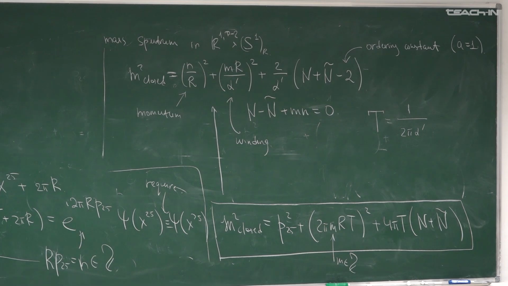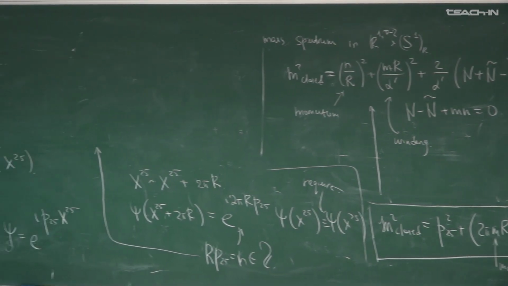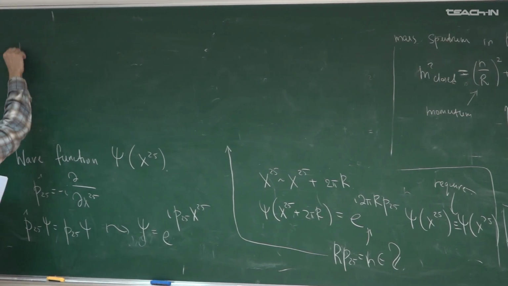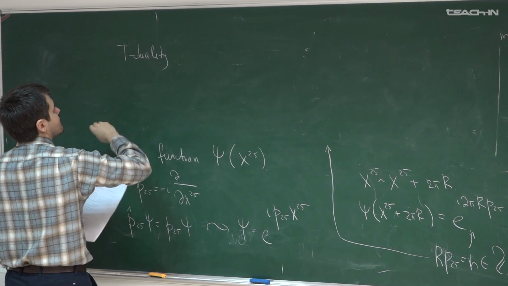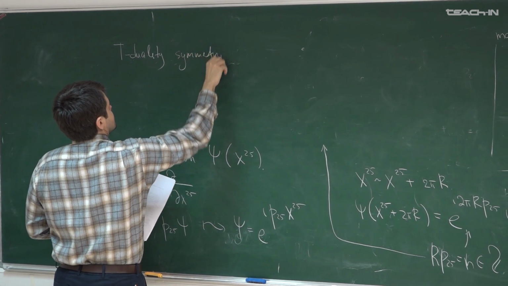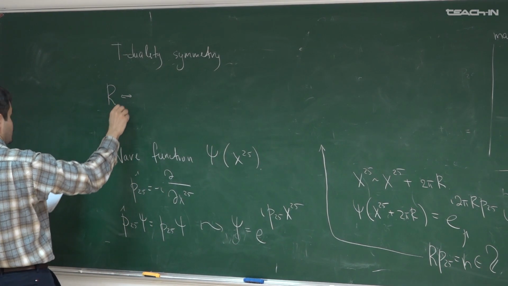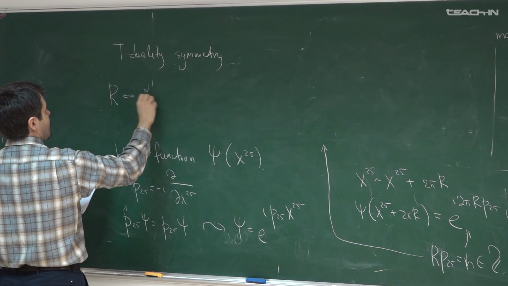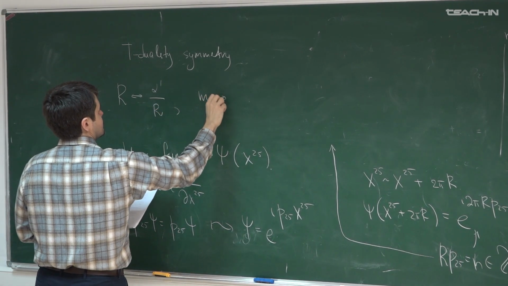So this is what is called T-duality symmetry, which is R goes to alpha prime over R, and n interchanged with m.